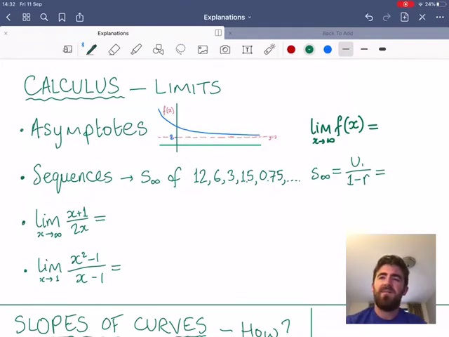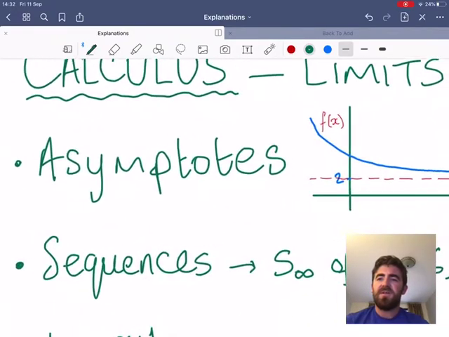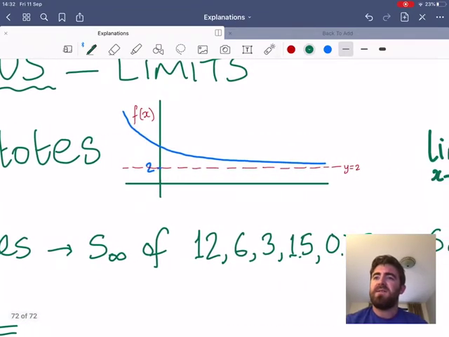Okay, so where could you have seen these limits being spoken about? Well, the first one we're going to talk about today is asymptotes. Okay, an asymptote is basically just a limit, a limit of a function. Okay, so what I've got here is any random function that has a horizontal asymptote.